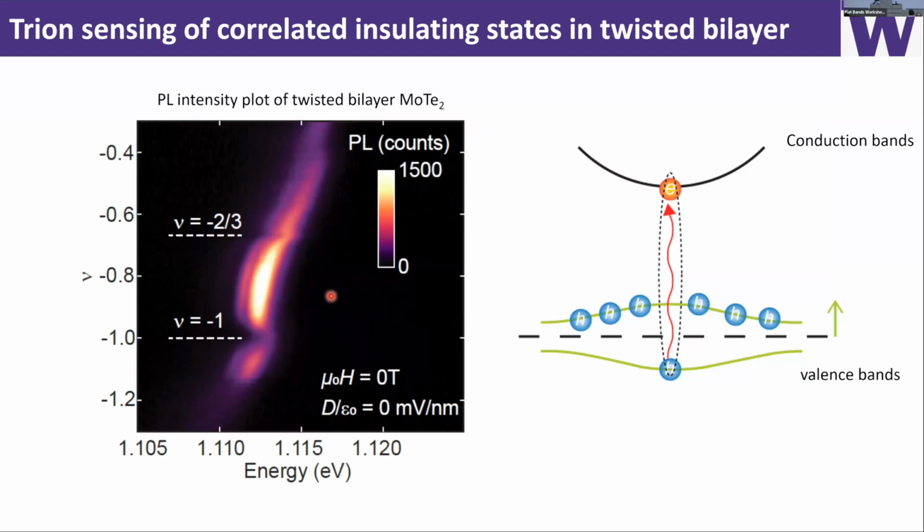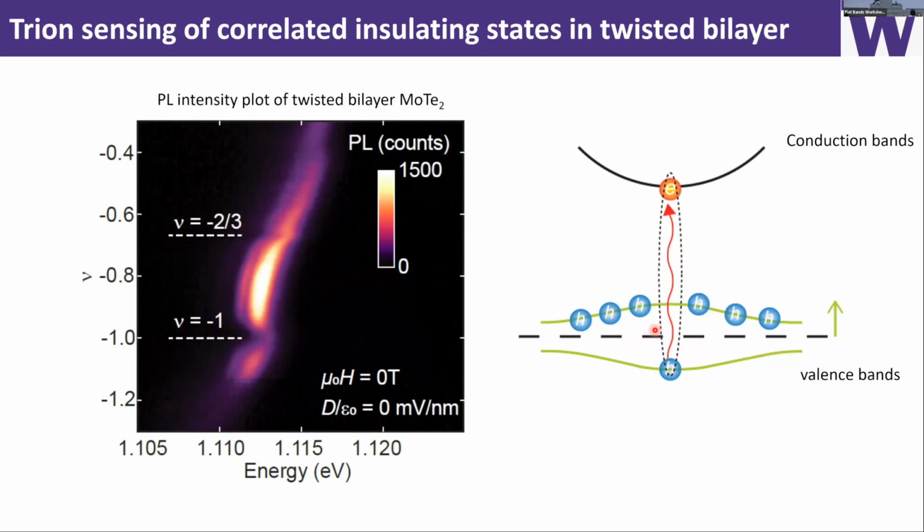The way we can understand this suppressed luminescence is that here I draw the band diagrams. I already consider the moiré mini band in the valence band for these twisted bilayers. When there's a particular filling factor with a correlated insulating state, the Fermi surface is gapped out. When there's a gapped Fermi surface, the number of free carriers will be reduced.